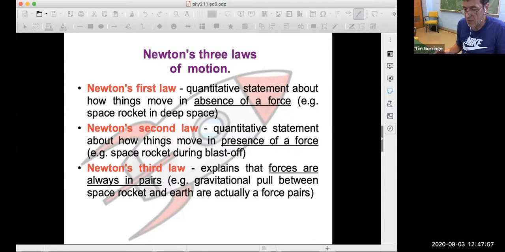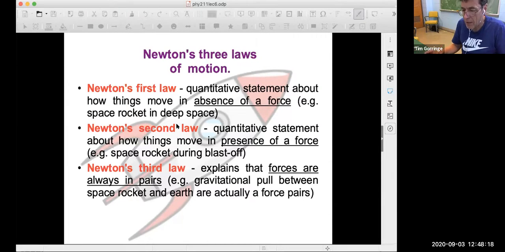It says that forces always come in pairs. Like couples always come in pairs, forces always come in pairs too. But with forces, those two forces are closely, specifically related to one another.